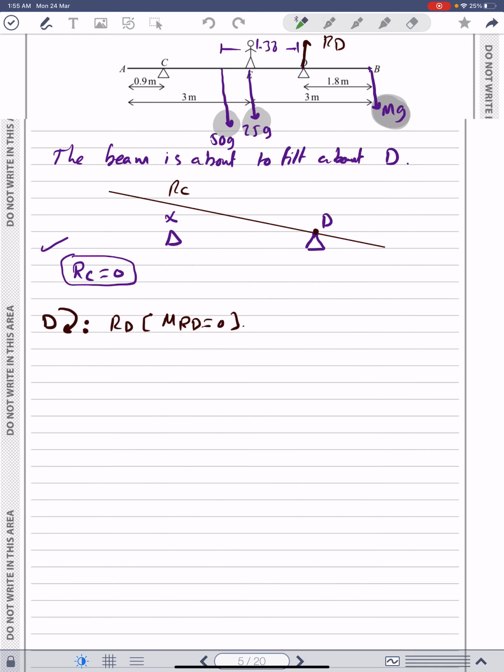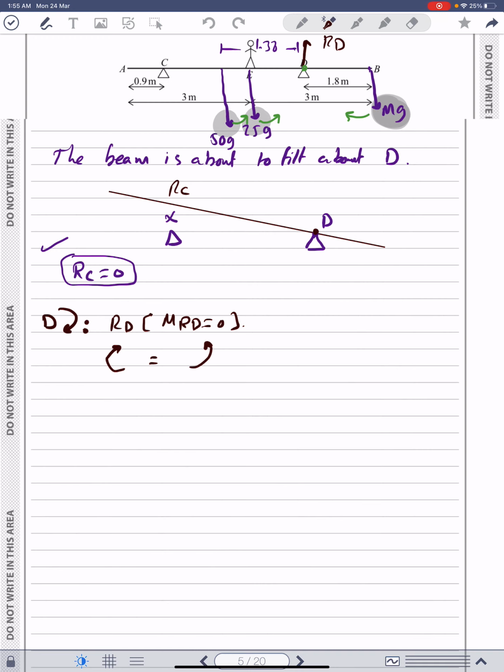By taking moments about D, this is the direction of this force, and these both in the same direction. So mg is anti-clockwise, and the sum of clockwise moments is equal to the sum of anti-clockwise moments.